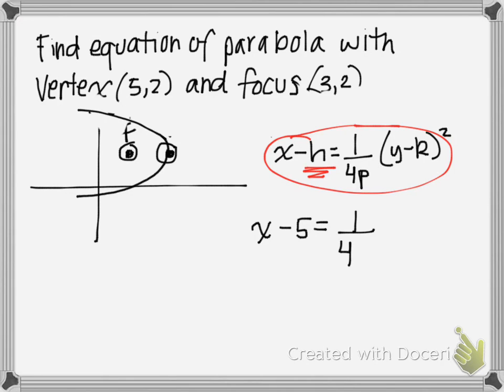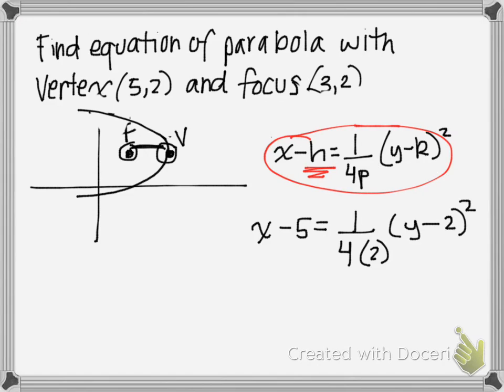This p here, remember p is the distance. This p here is the distance from the focus to the vertex. So from the vertex to the focus here, and we can see that that's 2 units. So that's 2. And then this y minus k is going to use the y coordinate of the vertex.